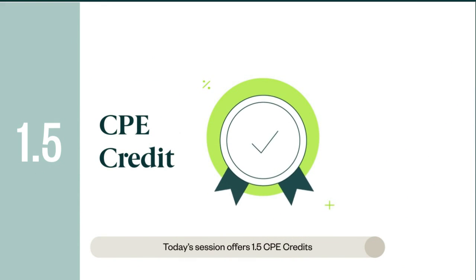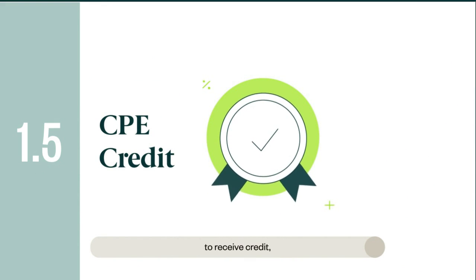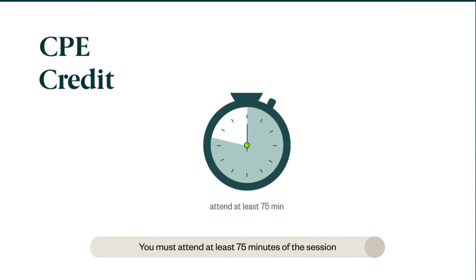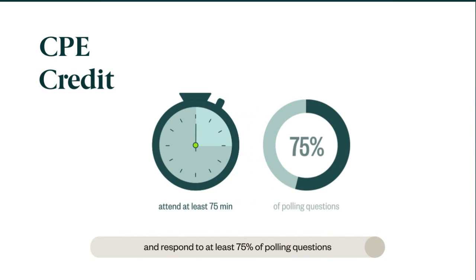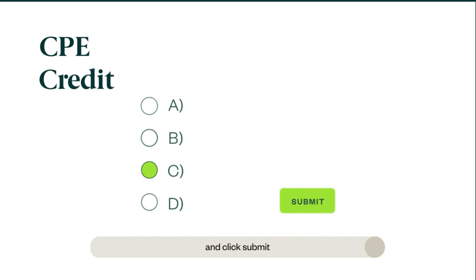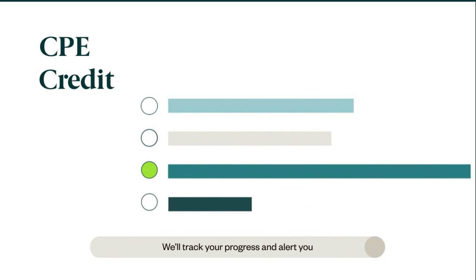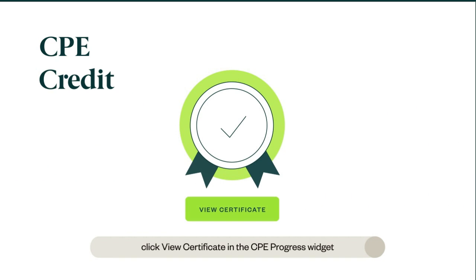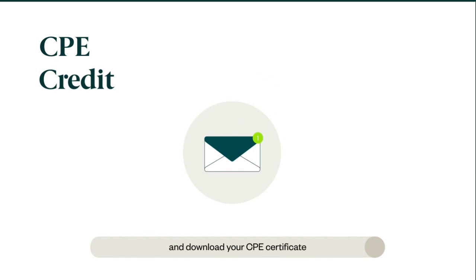Today's session offers 1.5 CPE credits. To receive credit, you must meet the National Association of State Boards of Accountancy requirements. You must attend at least 75 minutes of the session and respond to at least 75% of polling questions. To participate in the polls, please check the button next to your answer within the slide window and click Submit. We'll track your progress and alert you when you've earned CPE credit. You can then click the certificate icon in the CPE Progress widget and download your CPE certificate.